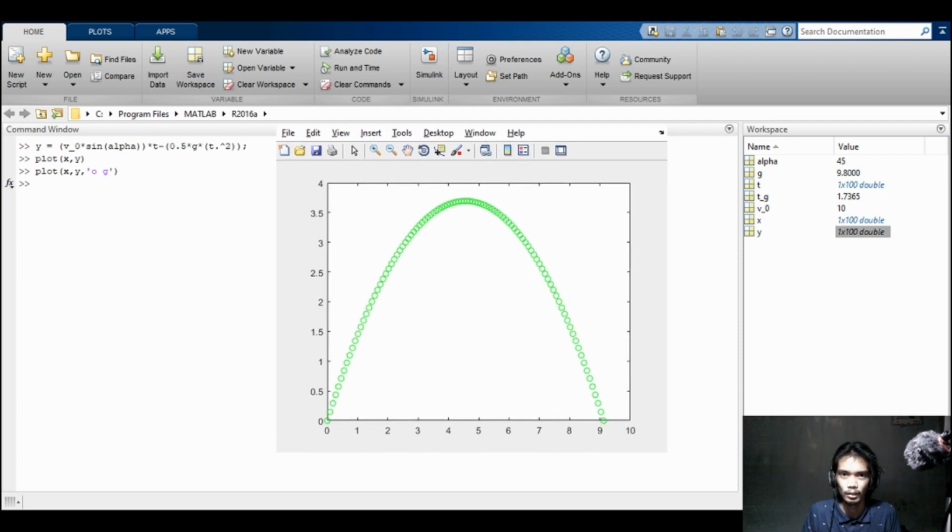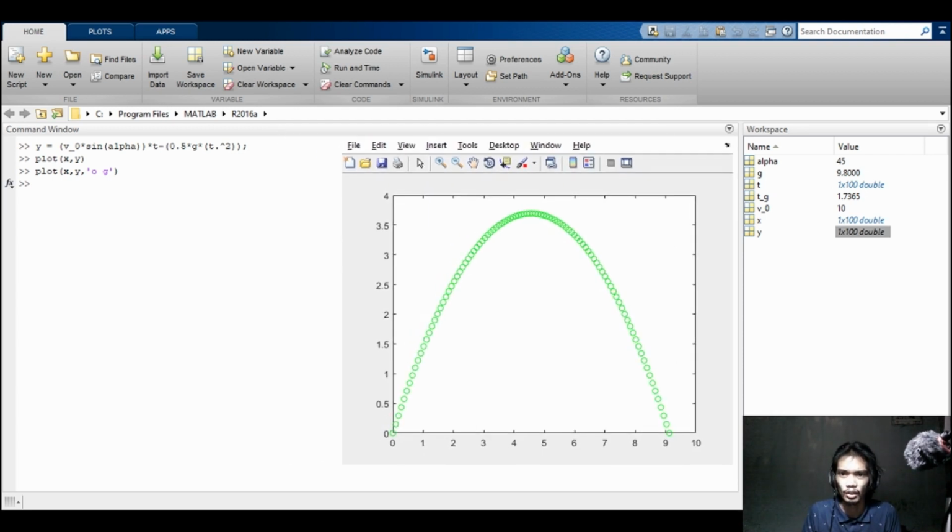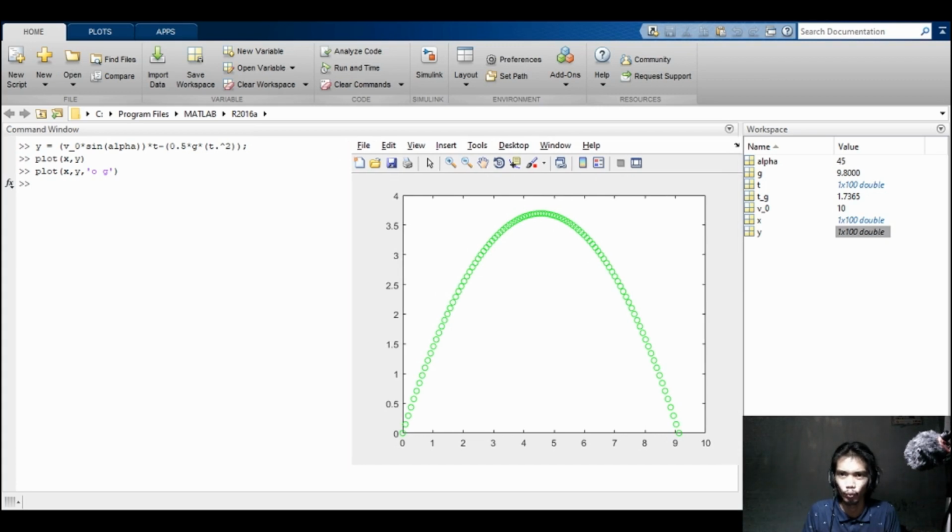And that is pretty neat. But if we declared t in just a single value, like yung t underscore g, ang mangyayari is iisang object lang yan, and that would be at the time that it hits the ground. Okay, we don't want that. We want the entire trajectory from 0 until it hits the ground.